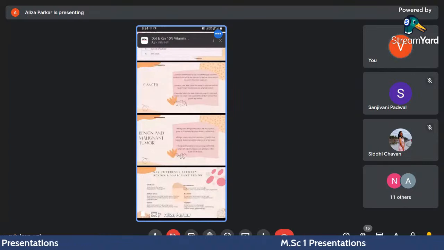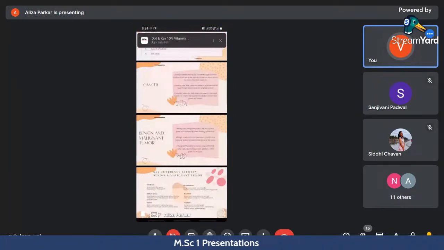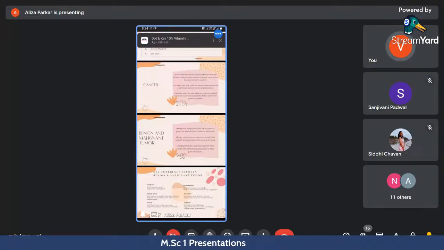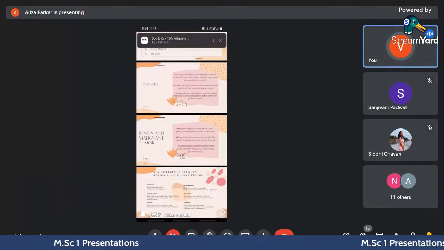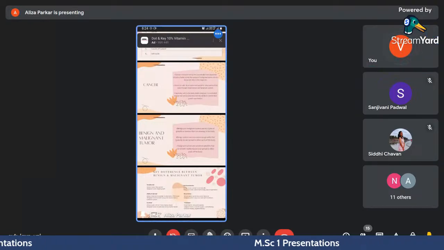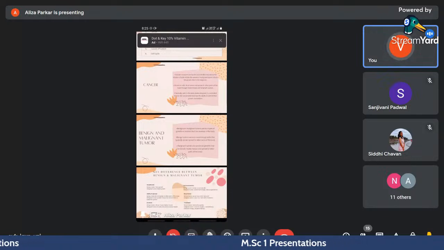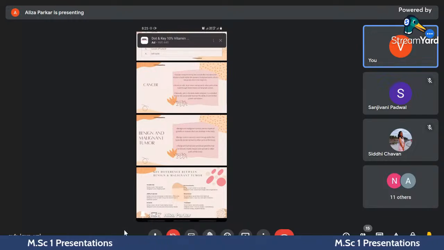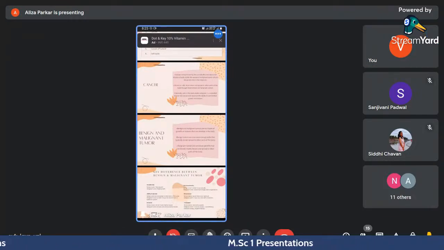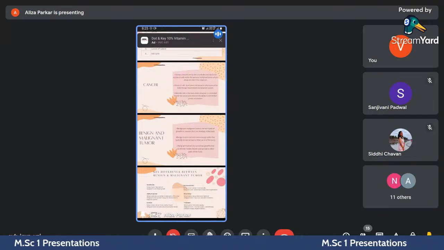G1. G. Interphase. Interphase. हाँ. Uh, the cycle will keep.